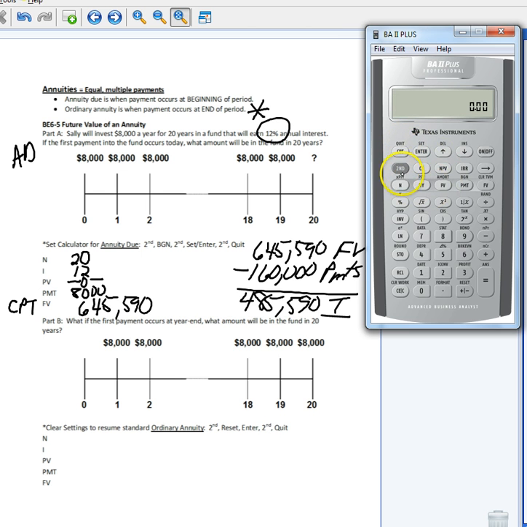Second, reset, enter, second, and quit. I kind of have a little trouble sometimes getting those keys to hit for me.